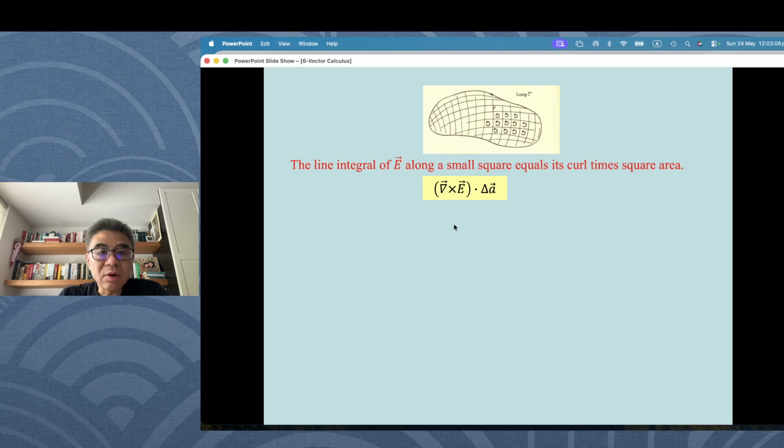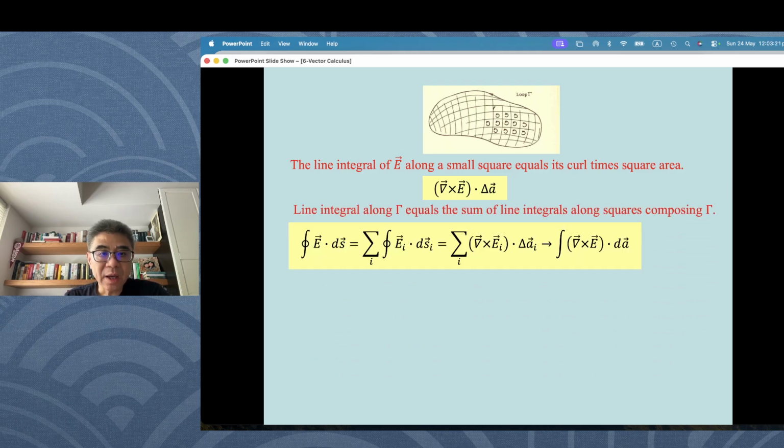So again, from the last page, the line integral along a small square equals the curl times the area, taking the inner product. And we have also shown earlier the line integral along any path. For example, on this diagram, here I have a loop gamma, and I divide it into small squares.